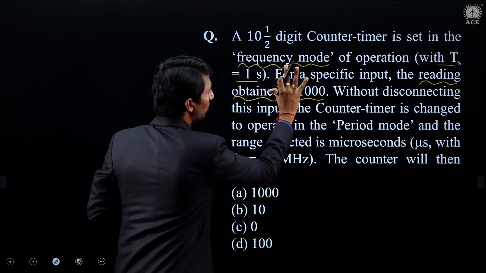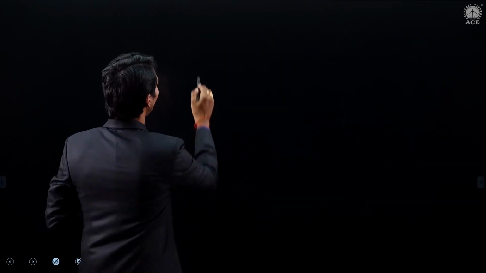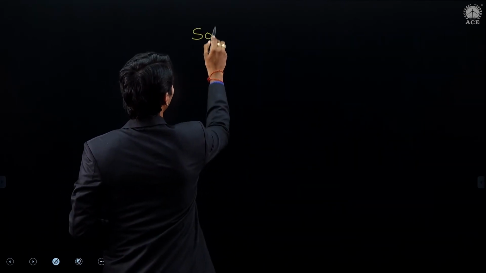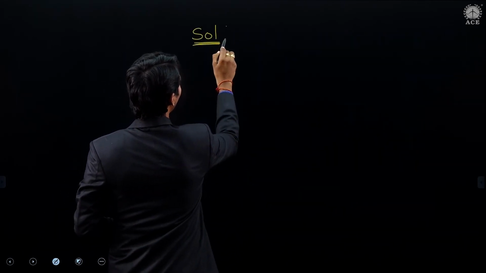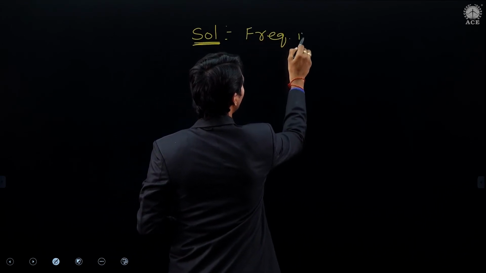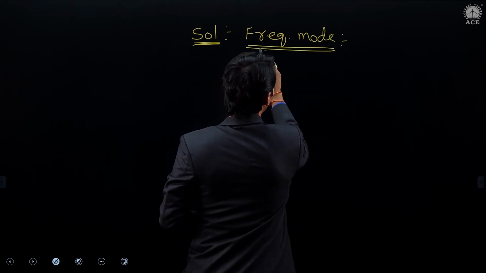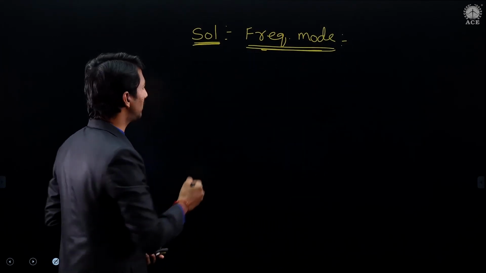I am taking only half of the data first. Let us proceed. In this solution, the first mode of operation is frequency mode. What is the reading formula generally?